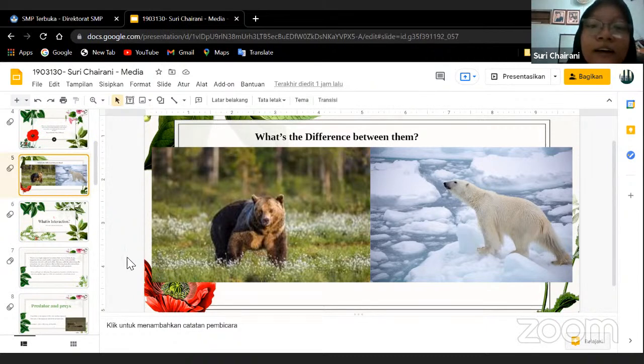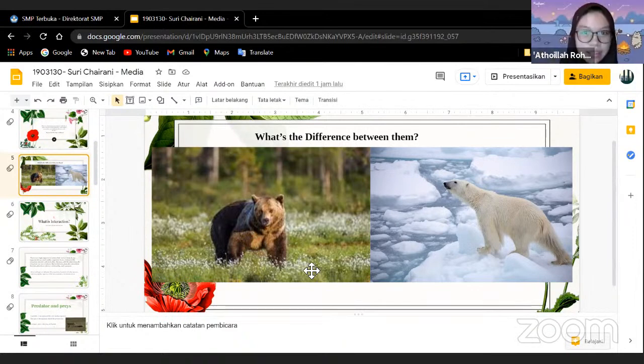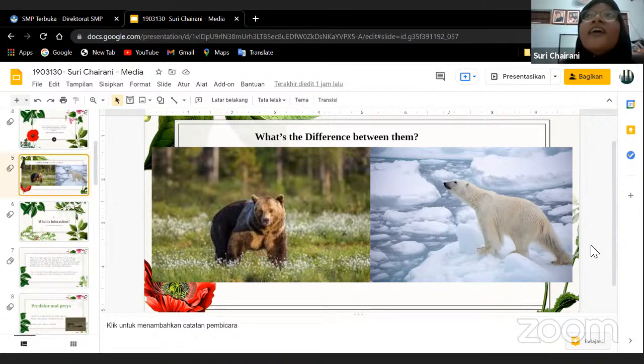So from the habitat, you can analyze that what they eat is different, right? For the polar bear, you can automatically know that it will eat fish, right?